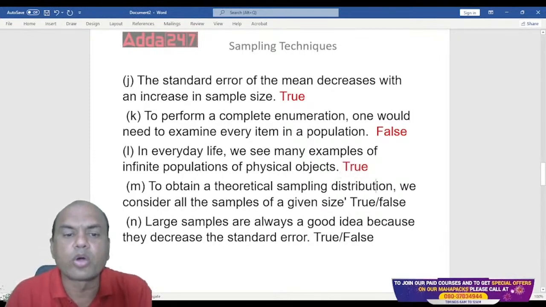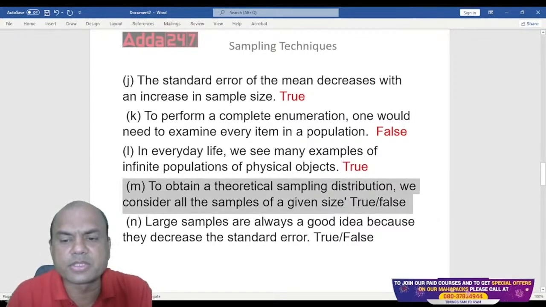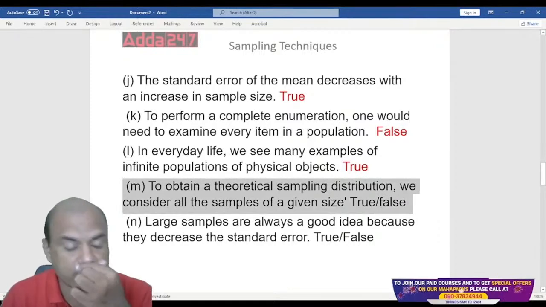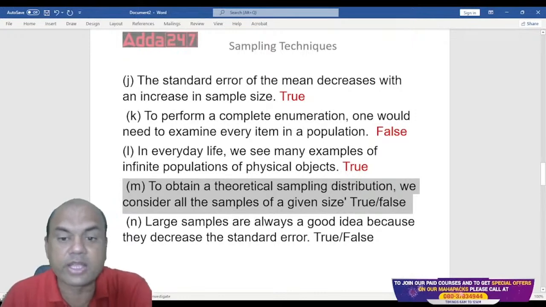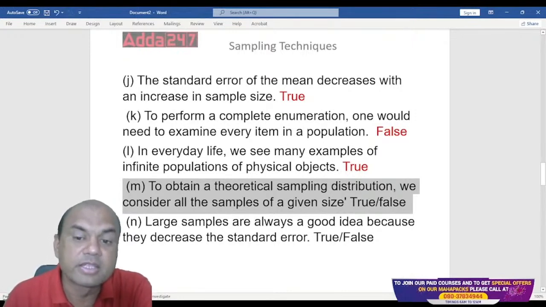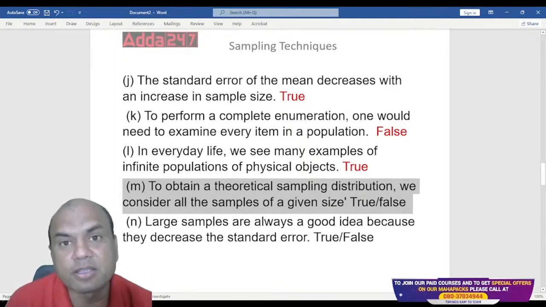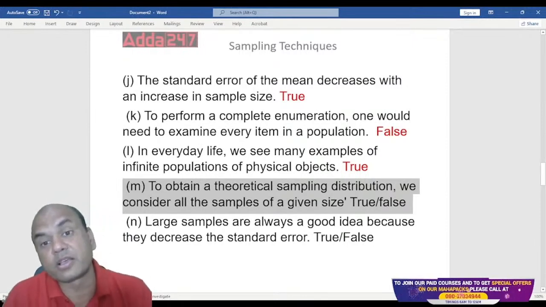Next one. To obtain a theoretical sampling distribution, we consider all the samples of the given size. Sampling distribution means how the total samples taken are distributed. This comes under the normal curve, the bell curve we call it.